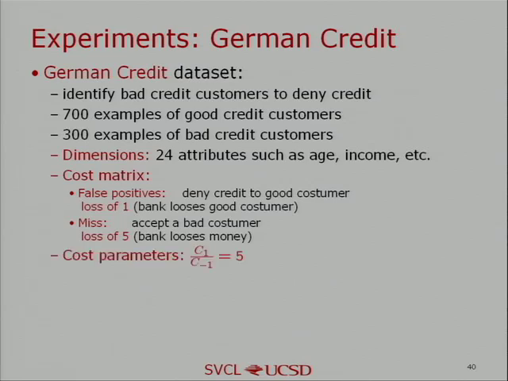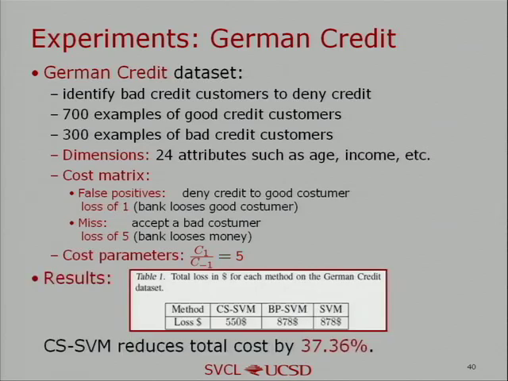So this suggests the following constraint on our choice of C1 and C negative 1. The ratio should be 5, and this is defined in the problem, so it's part of the data set. But the final result is that if you use cost-sensitive SVM, you get a total reduction in cost of 37%.